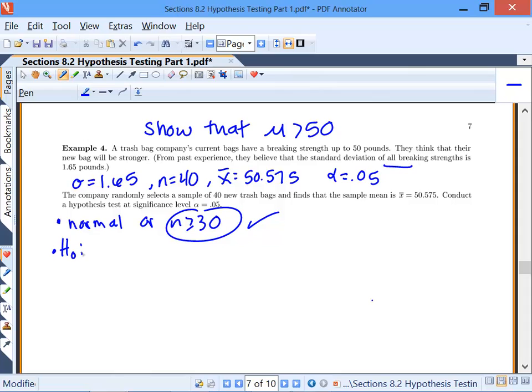What would my null hypothesis be? What would be the status quo? It's greater than 50. Okay. Well, they want to show that it's greater than 50. Their current bags have a breaking strength of 50, so the status quo, if nothing changed, would be that it is still 50. So it kind of takes a while to get used to the fact that what you want to show is your alternative hypothesis, and the status quo, or nothing interesting, is your null hypothesis.